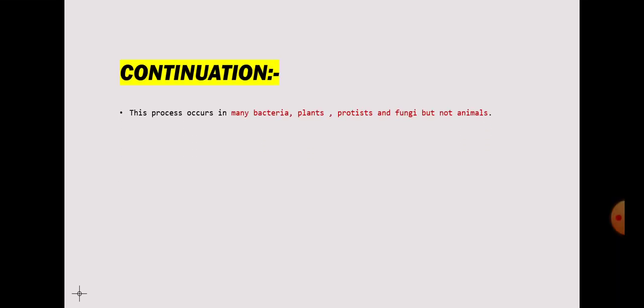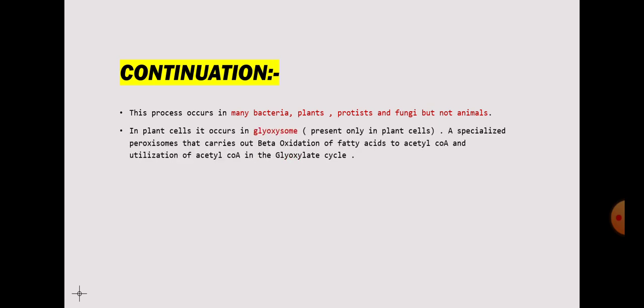Now, most of the enzymes used in the glyoxylate cycle are the same as in our TCA cycle. Although there is one step which is not present in the TCA cycle, the remaining are totally the same.